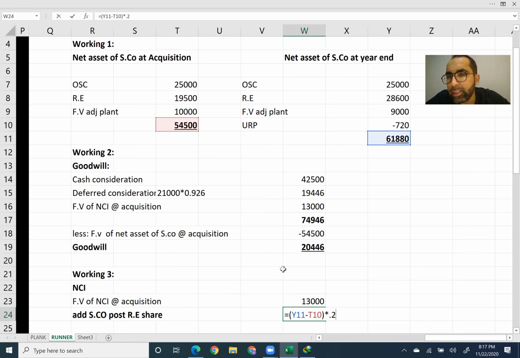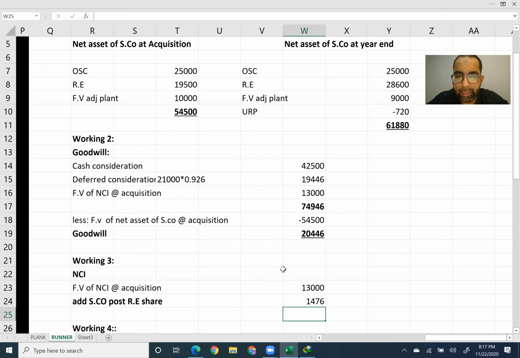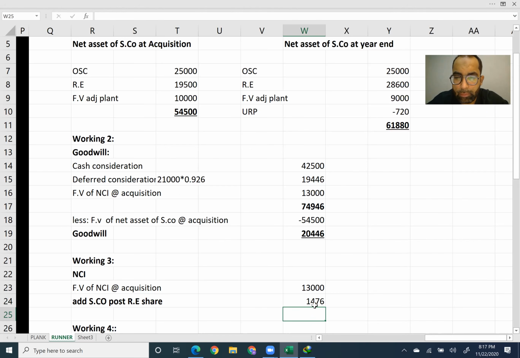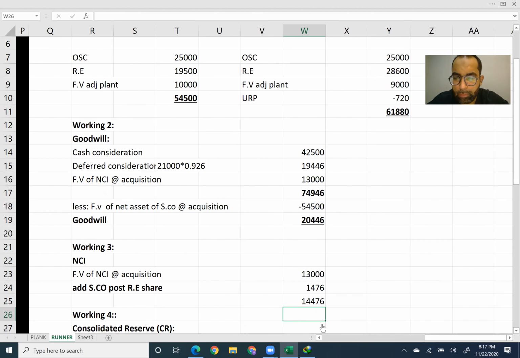Can you see the formula? It's 1476. Let's add. That's your NCI, 14776. Check it out. Please have a look.